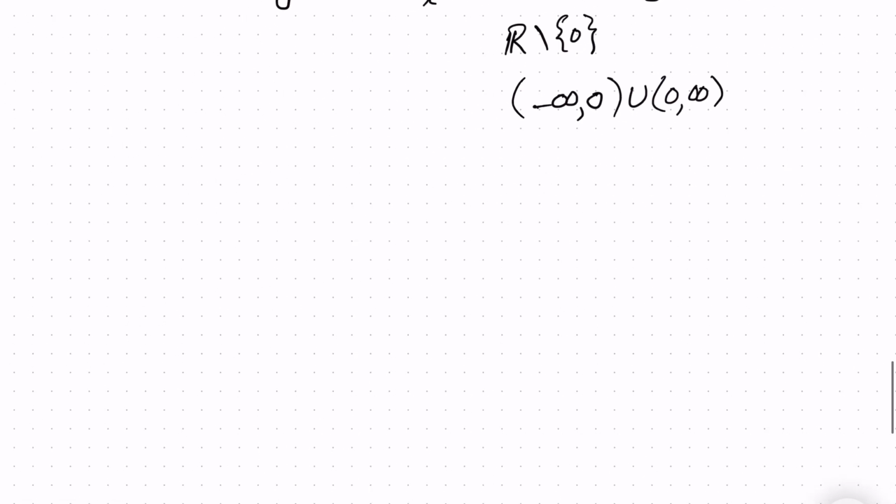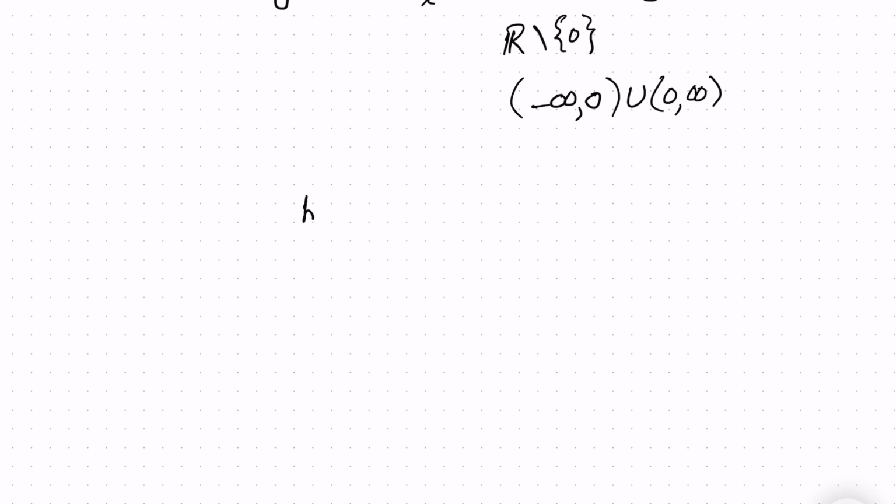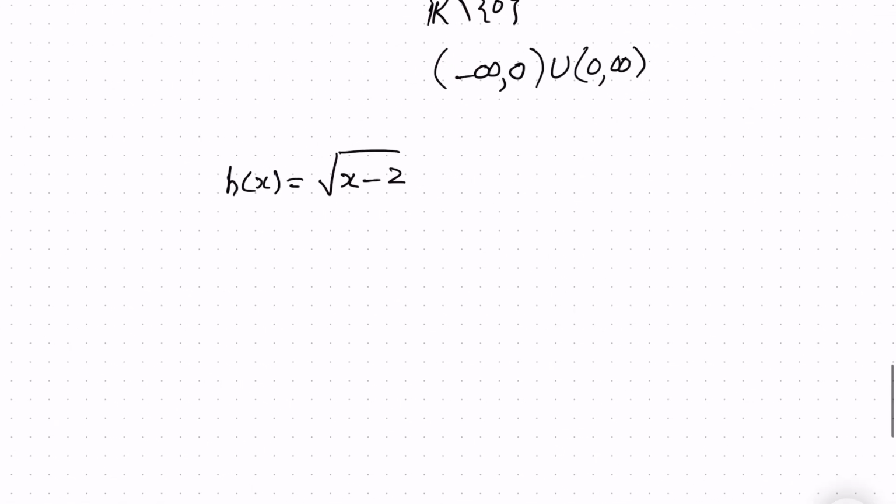Another example could be, and I will conclude with that, assume that we have h of x equal to the square root of x minus 2. Now we see that the square root has a problem with negative numbers because it becomes complex. But we are seeking only the real numbers.